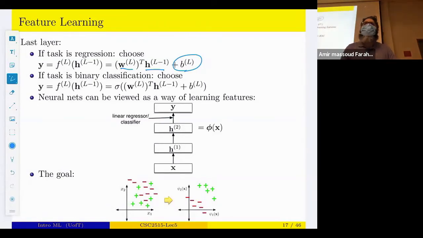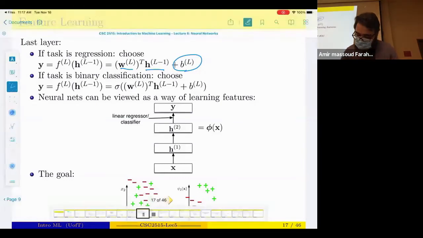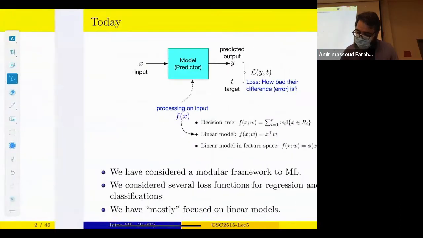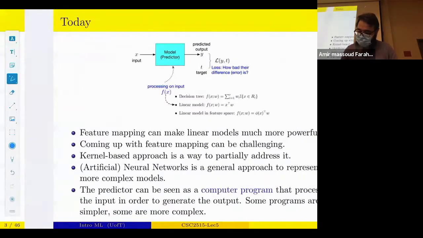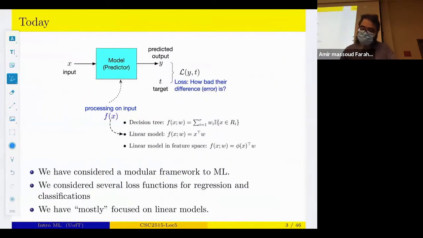If you recall, one thing that was the start of this lecture was the question of how we choose our models, what kind of models we can have. So maybe I'll go back through it as a quick reminder. We have this model: the input goes into it and generates some output.